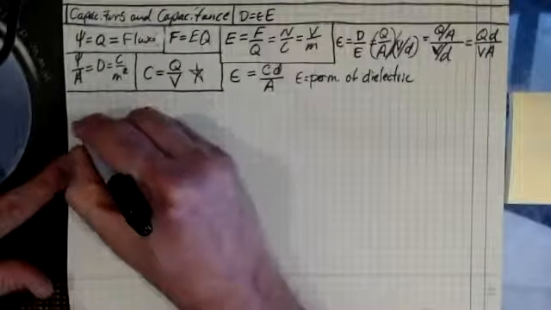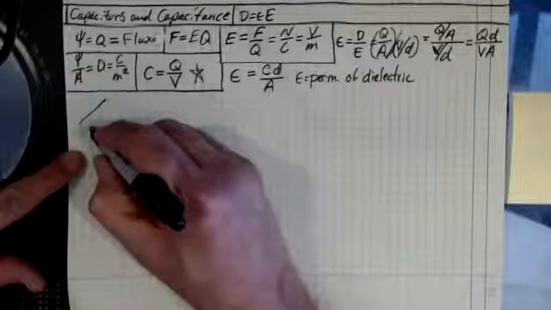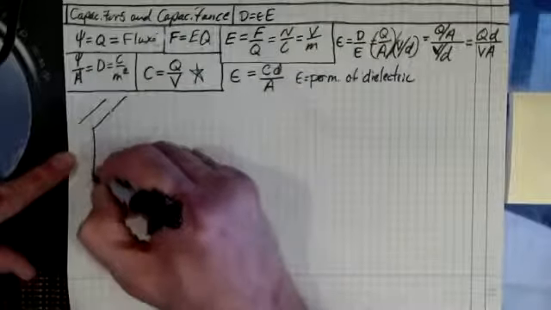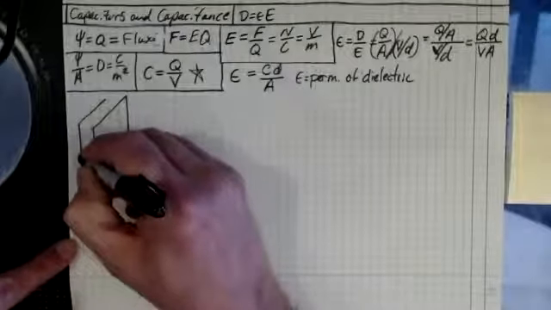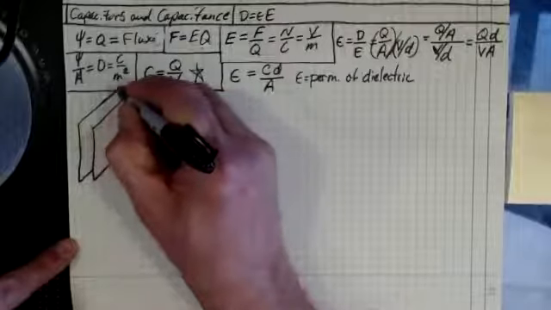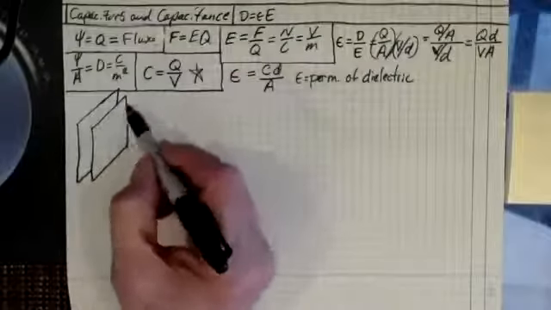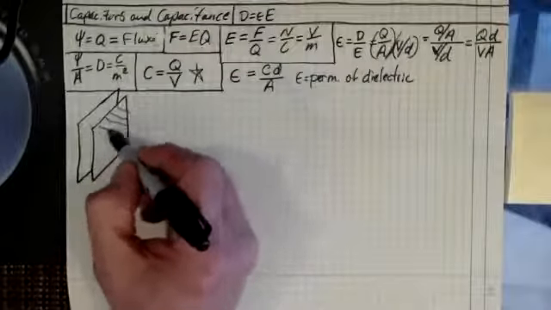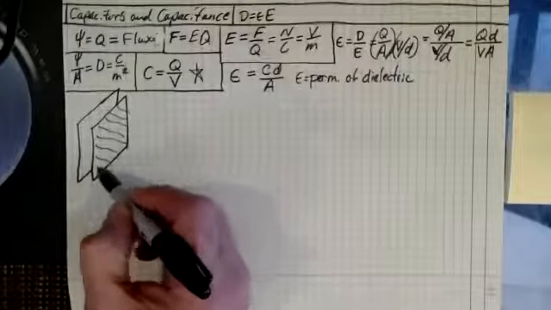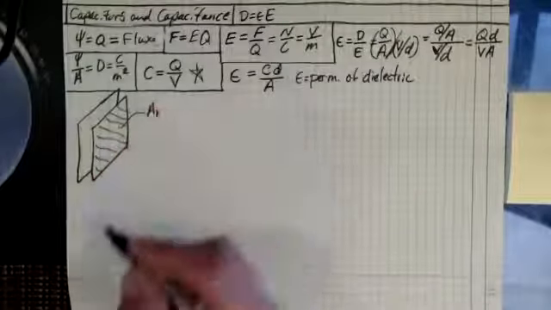Let me draw a capacitor over here. Right? So we've got a capacitor with 2 plates there. And I want to define some of the things that we're looking at here because we're using A. What is A? A is the cross-sectional area of that plate, right?